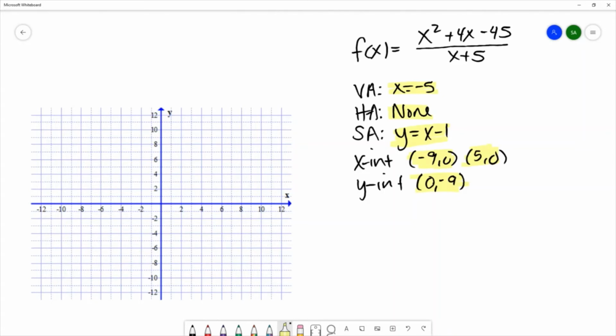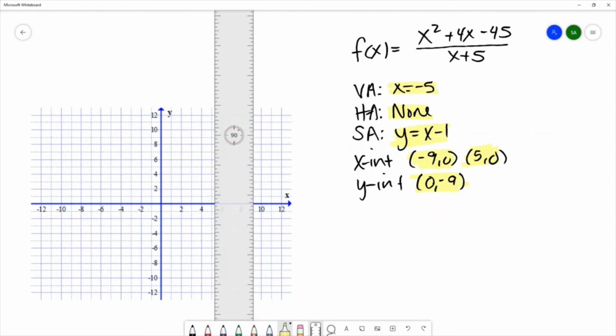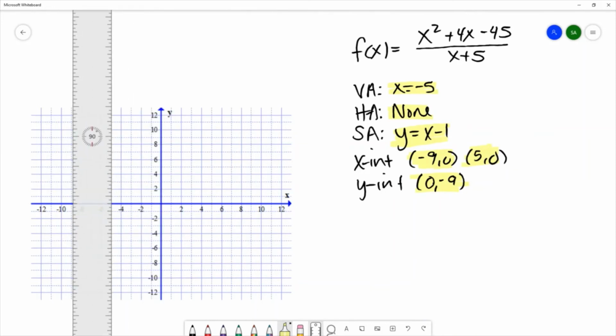So I'm going to put this information on the graph, starting with my asymptotes. I'm going to use my ruler to help me. So I'm going to draw my vertical asymptote at x equals -5. And we're going to draw that with a dashed vertical line.